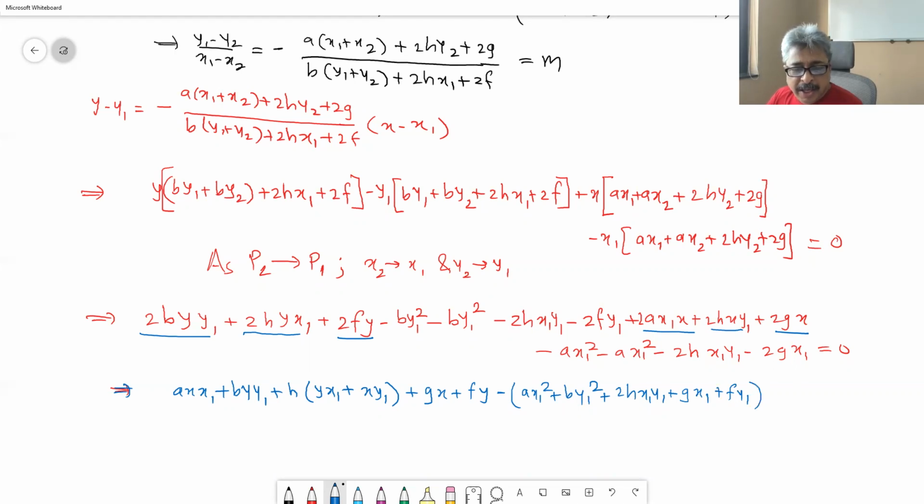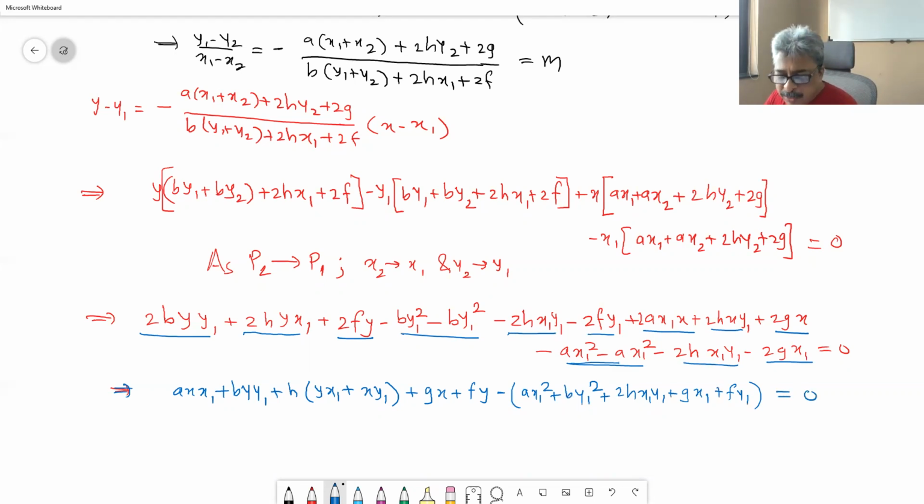Let us see, ax1 square, so I have taken care of these two, by1 square, I have taken care of these two, x1y1, I have taken of this and this, gx1 that is this, and gy1 that is this. So everything is taken care, is equal to 0.